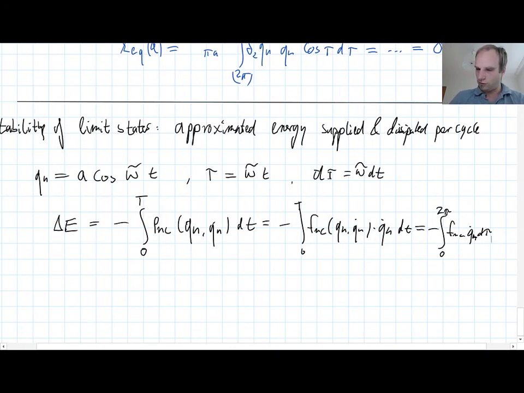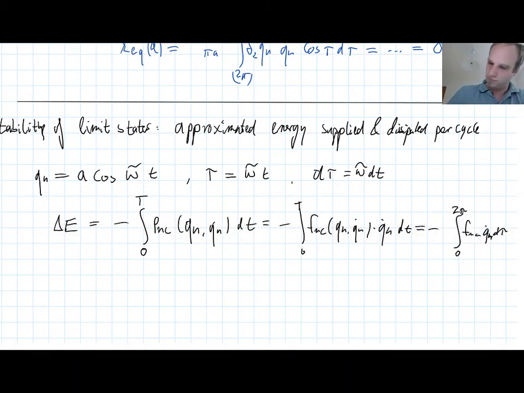Actually a factor of 1 over omega tilde now needs to be introduced, so let's shift it here. Okay, now we can further go here and discuss what this actually is.